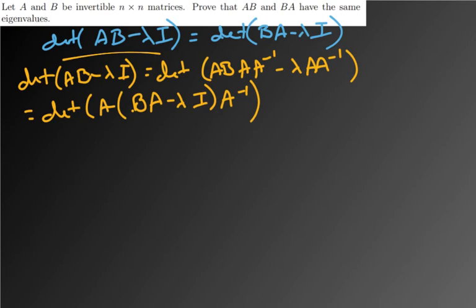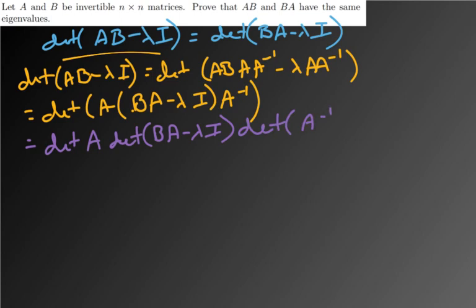And then I'm going to use a determinant property. We know that the determinant of a product is the product of the determinants. So this equals the determinant of A times the determinant of BA minus lambda I times the determinant of A inverse.